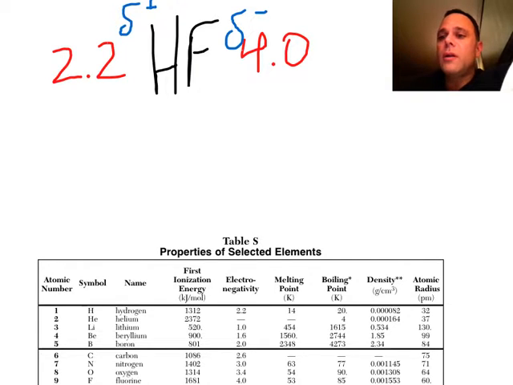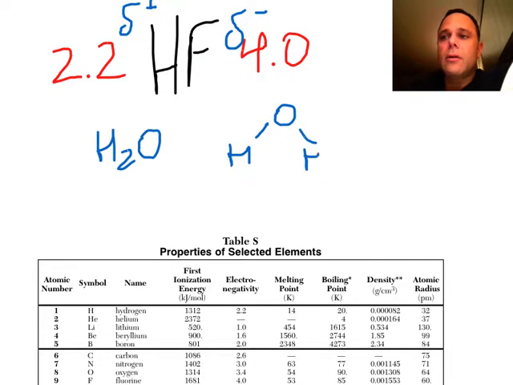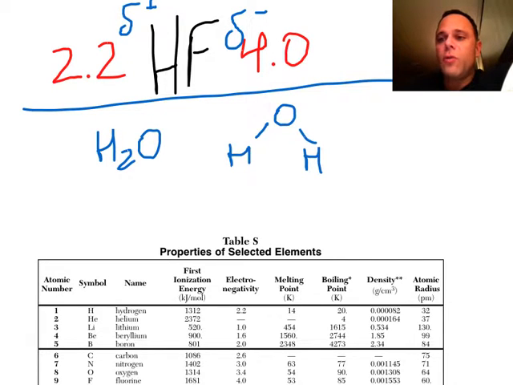Similarly, let's take a look at H2O. Now, H2O actually looks like this. But let's take a look at those values as we did just before. We have 2.2 versus oxygen's 3.4. And so we'll put in 2.2, 3.4.